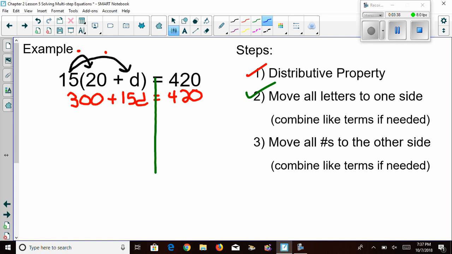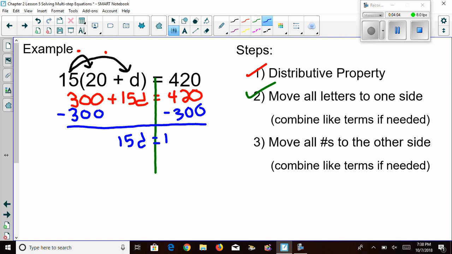Well, since we have the 15d over on the left, we also have the 300. So I need to remove the 300. It's positive, so I'm going to subtract. On the left, that becomes 0, and I bring down my positive 15d equals 120.